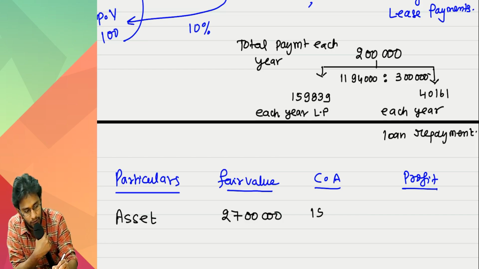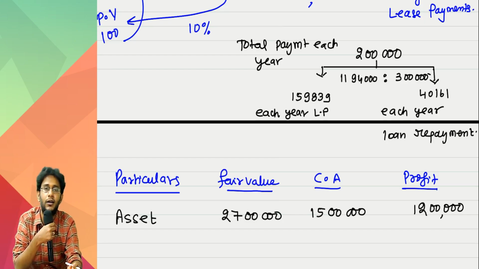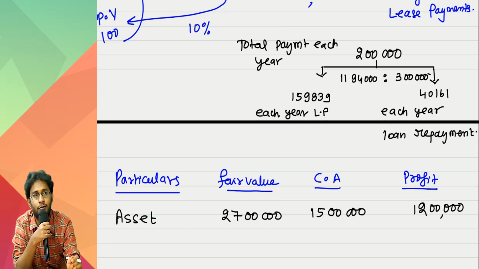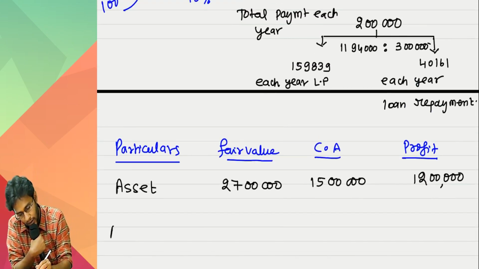Carrying amount is 15 lakhs. But if a normal guy had transferred the full asset without any lease back, I would have been entitled to recognize a profit of 12 lakhs. Because I am taking my own asset back again, some profit you cannot recognize. Assets, retained portion.